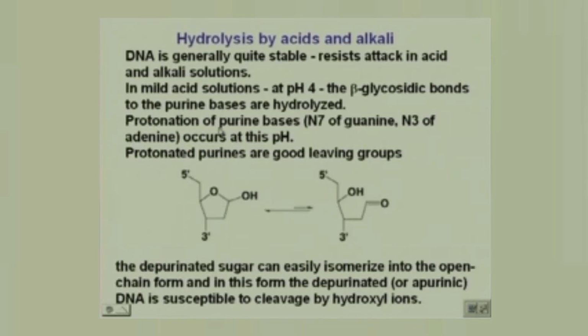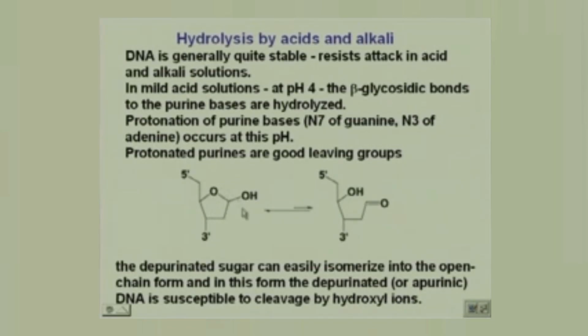If you have protonation of the purine bases in the acidic solution, you are going to disrupt the hydrogen bonding, as a result of which you are going to have this hydrolysis, which leaves your purines protonated, which acts as a good leaving group, and you are going to have an isomerization of the depurinated sugar.